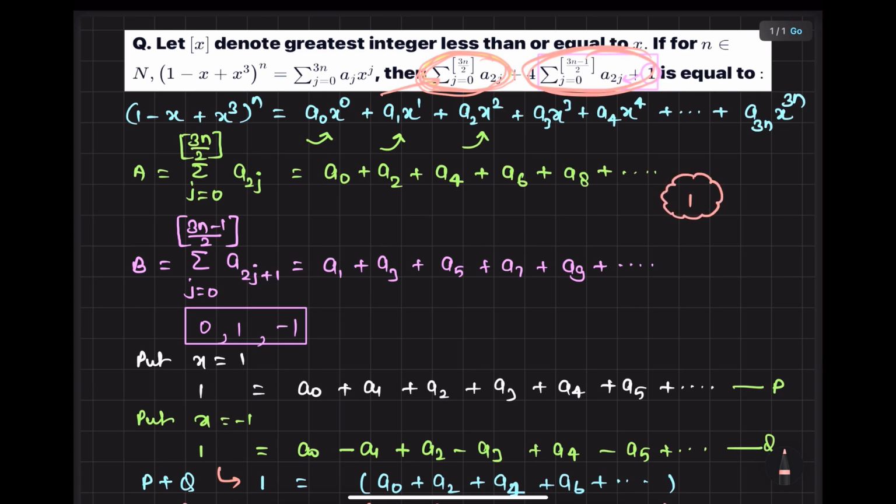So the required sum is 1. I hope you got the idea, and now you can handle similar situations. Always take care of these three numbers. If you are trying the hit and trial method, think about these things: 0, 1, minus 1.